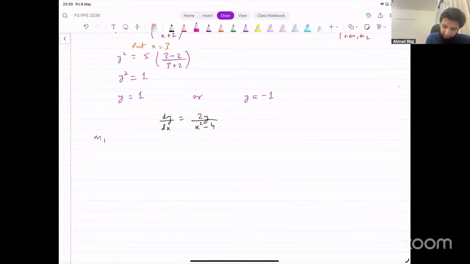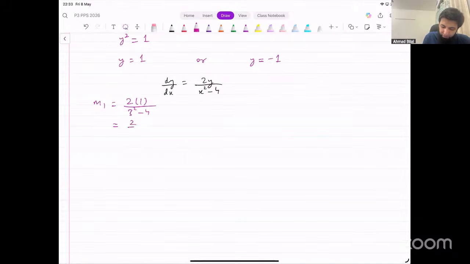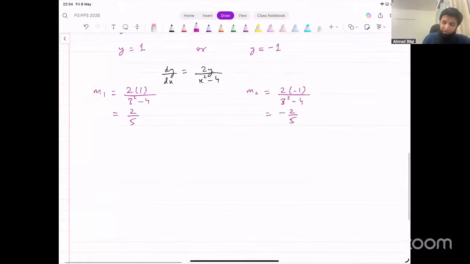Let's find the gradient of one tangent. 2 into y, that means 2 into 1 divided by x squared minus 4, that will be 3 squared minus 4. 2 over 3 squared minus 4, that is 2 over 5. And then we input this in the other gradient. M2 is going to be 2 into minus 1 divided by 3 squared minus 4. What is this going to be? Minus 2 over 5. So the gradients are 2 over 5 and minus 2 over 5.